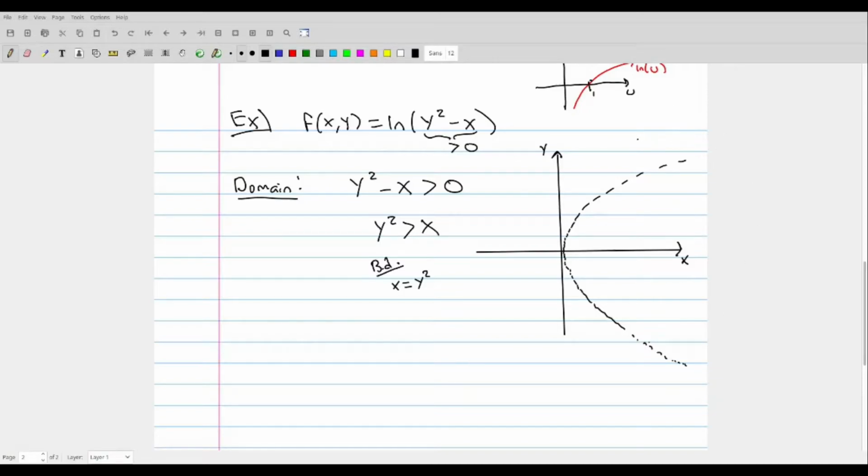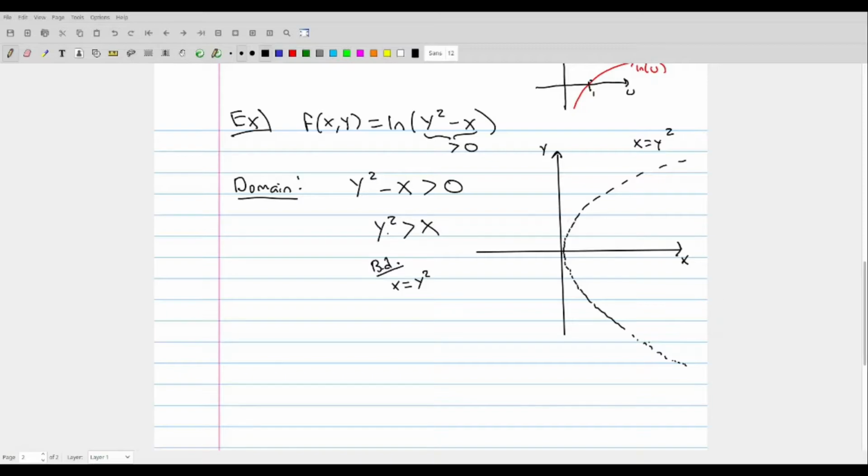This is the curve x equals y squared, and none of the points on this curve are included in the domain, because at each one of these points on this curve, y squared minus x is 0, and therefore you can't take the natural log of 0. They're not included in the domain.